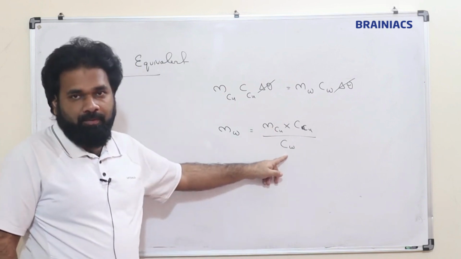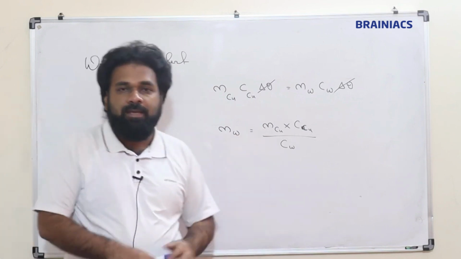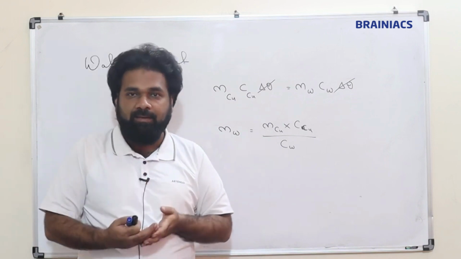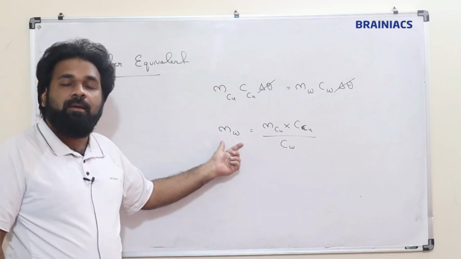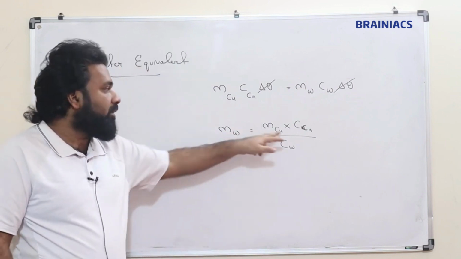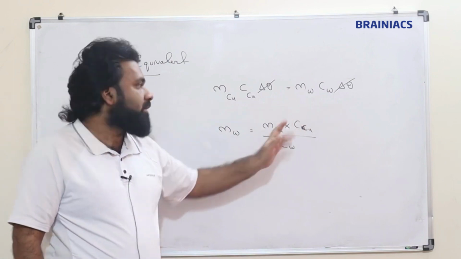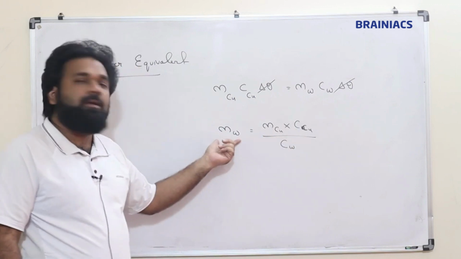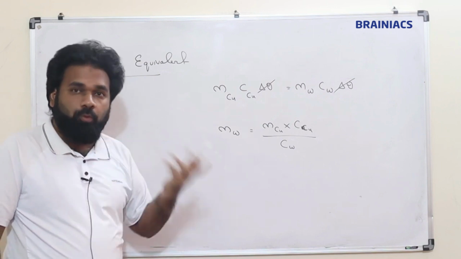So the thing is, instead of giving copper as the data, they will give the equivalent mass of water for the same heat of copper. Instead of giving data of copper, they will give the mass of water. That is called the water equivalent.